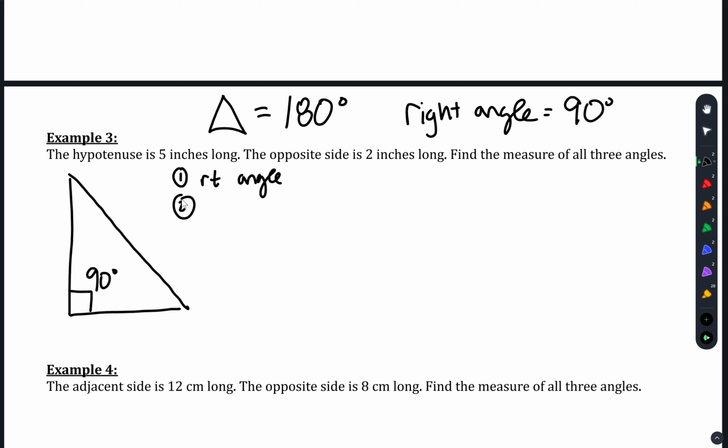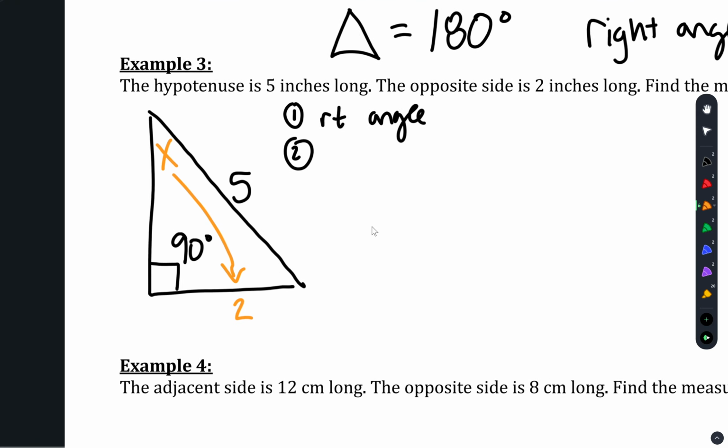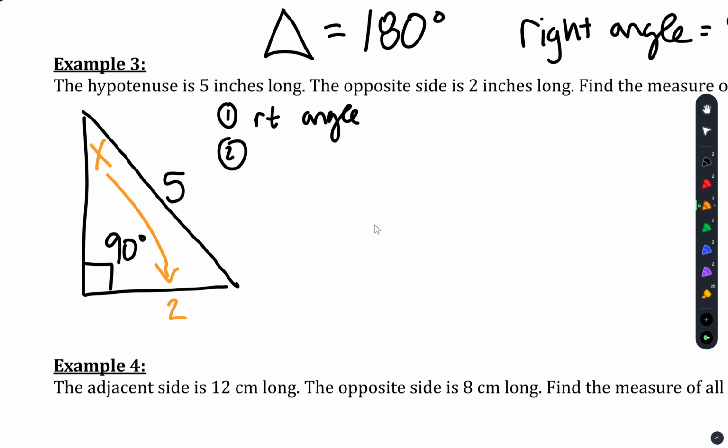We got to put in our stuff first. The hypotenuse is 5 inches long. And then it says the opposite side is 2 inches long. So let's pick an angle. Let's call that angle X because we don't know what it is. And then we'll call the opposite side to that 2 inches long. Everybody's got that set up?